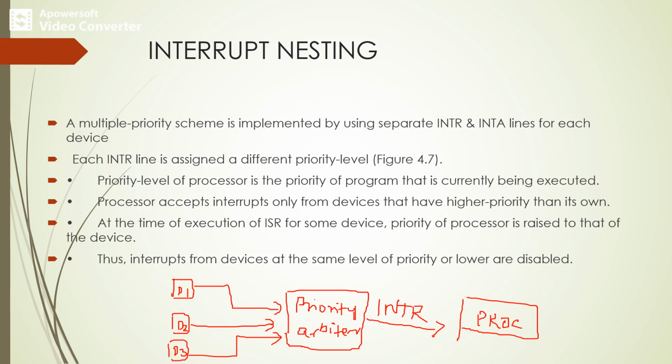At the time of execution of an ISR, for some devices, the priority of the processor is raised to that of the device. Thus, interrupts from devices at the same level of priority or lower level can be disabled.